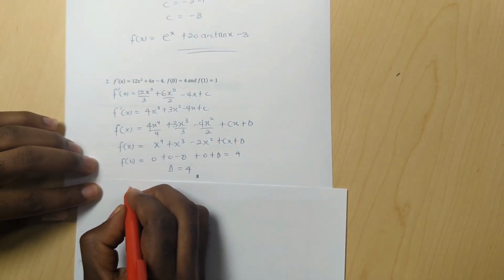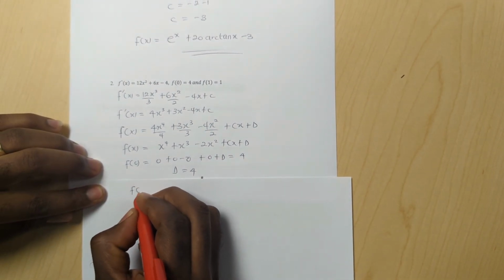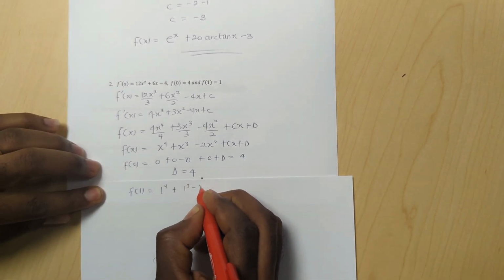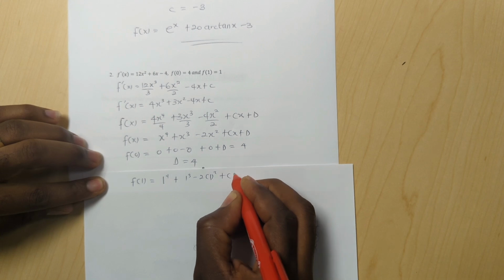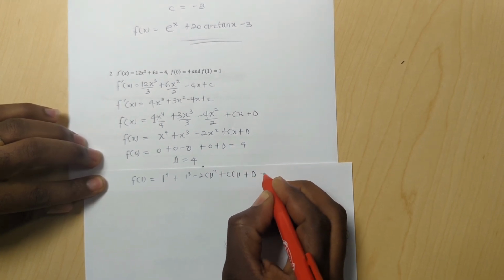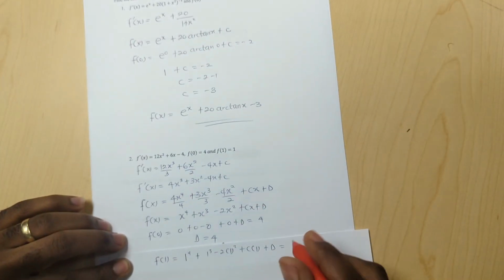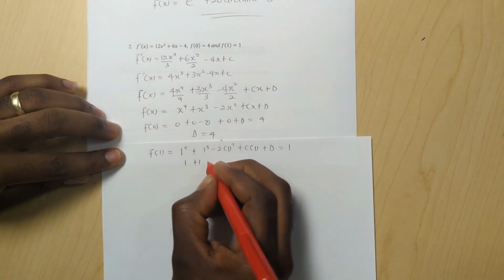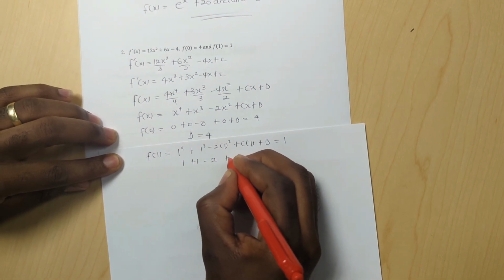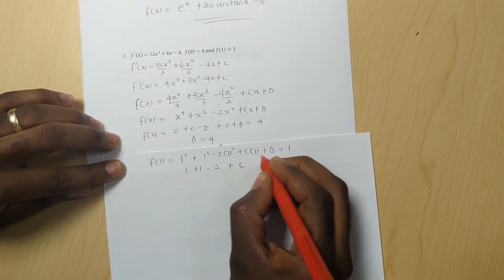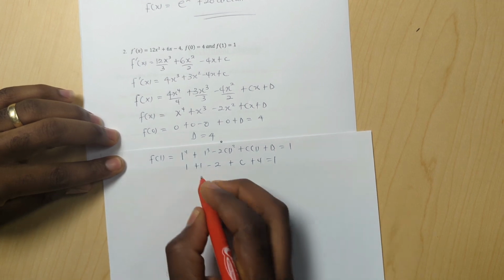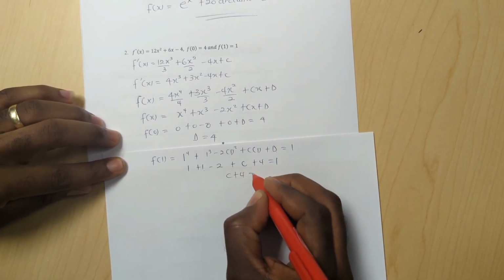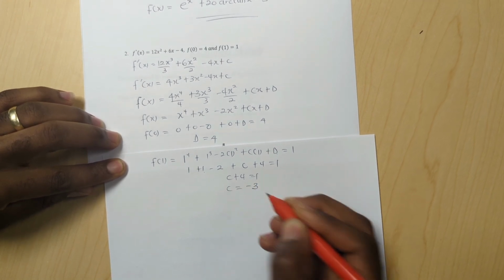So when we substitute 1 here, our f of 1 will be 1 exponent 4 plus 1 exponent 3 minus 2 times 1 squared plus c times 1 plus d, and that should be equal to 1. So 1 exponent 4 is 1 plus 1 minus 2 plus c, and our d is 4, so plus 4 will be equal to 1. 1 plus 1 is 2, minus 2 is 0, so we just have c plus 4 equal to 1, and c will be equal to -3.